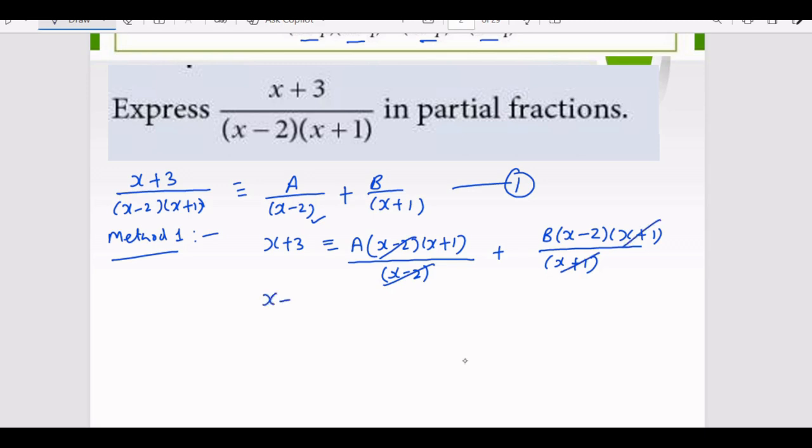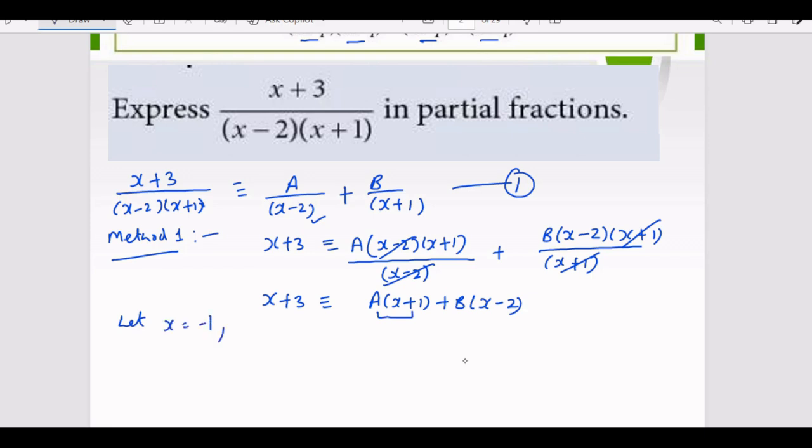So we have x plus 3 is equivalent to a into x plus 1 plus b into x minus 2. From this step we are going to get the final values of a and b. Suppose I want to make one term 0, so I will take x equals negative 1.